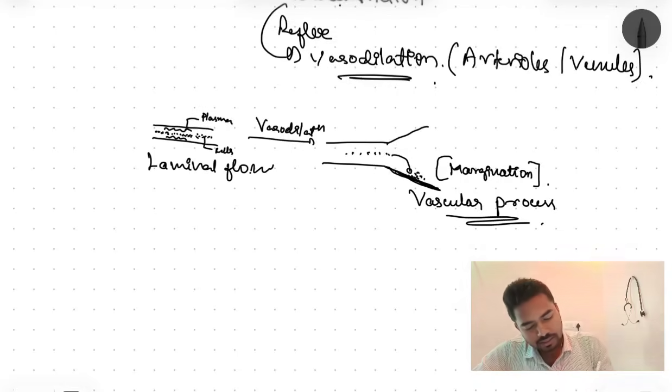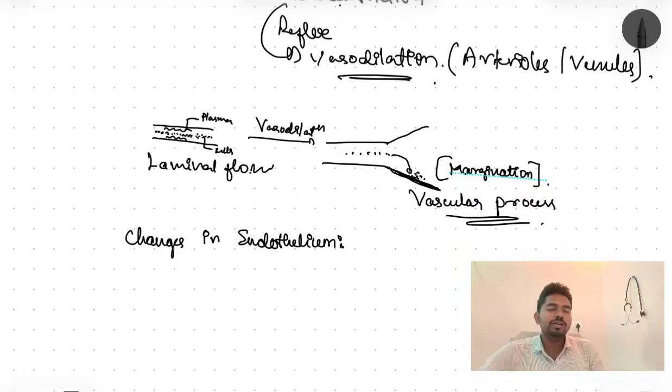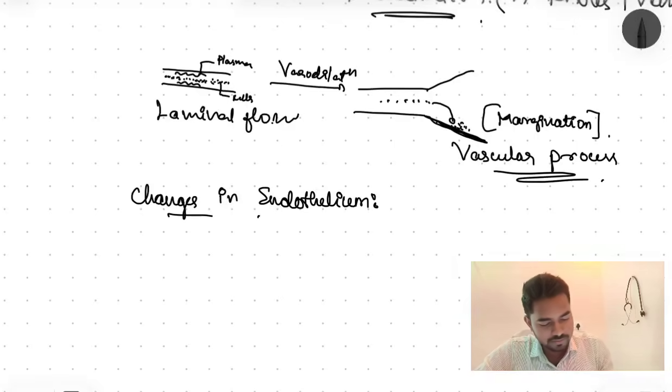Next we'll see changes in endothelium. What is endothelium? It's the inner layer of the blood vessel. Changes in endothelium.